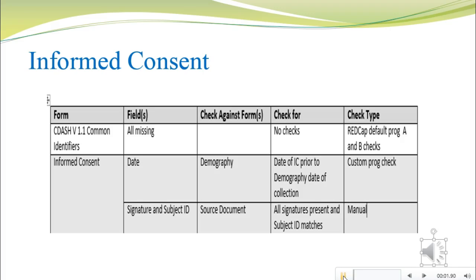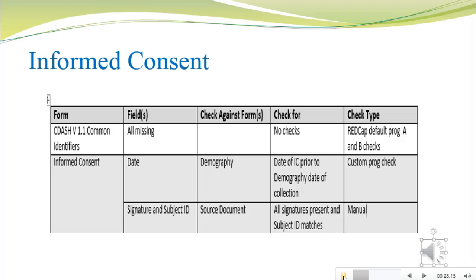In our REDCap database, we use the informed consent form to show examples of different types of these checks. So you can see in this document that for the Common Identifiers form, where you entered your patient ID, I don't have any checks that I'm requiring. There will be some REDCap default checks for missing data, but other than that, we're not doing any checking.